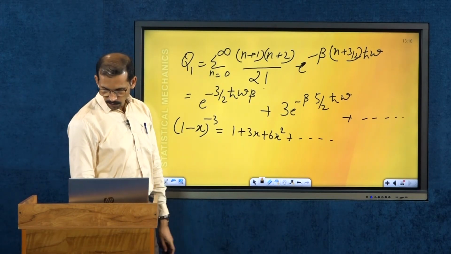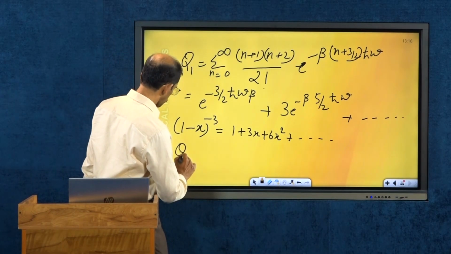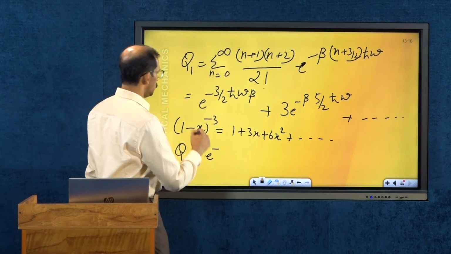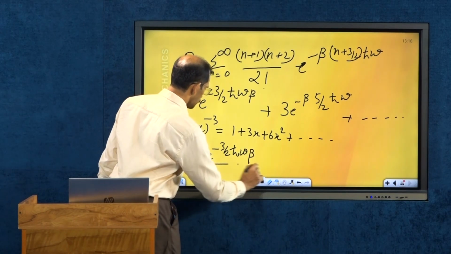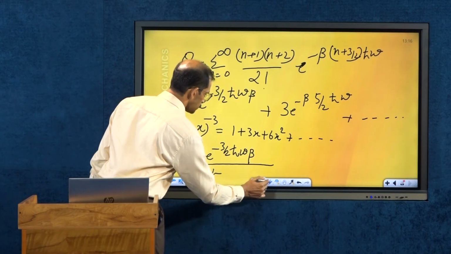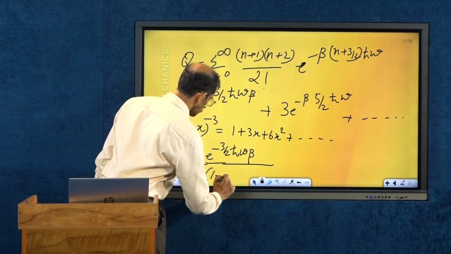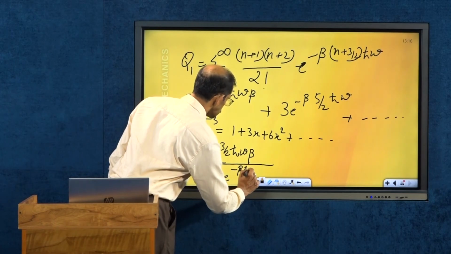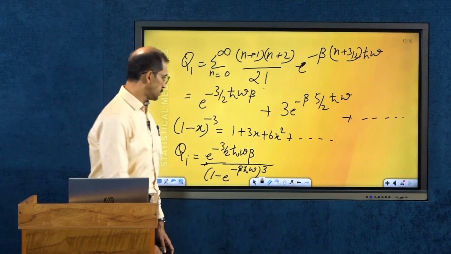And then I can simplify that expression for q1 is equal to e raised to minus 3 by 2 beta h cut omega divided by 1 minus e raised to minus beta h cut omega, the whole raised to 3.